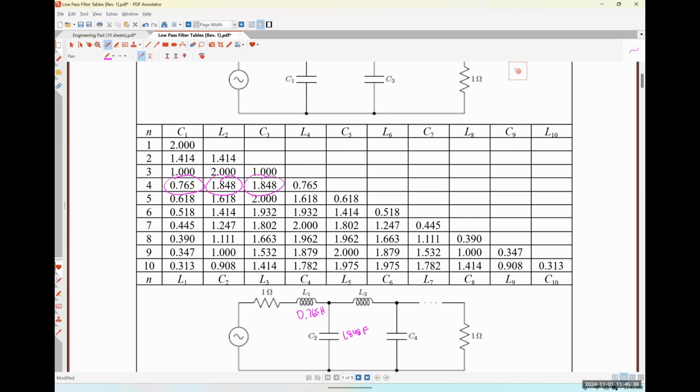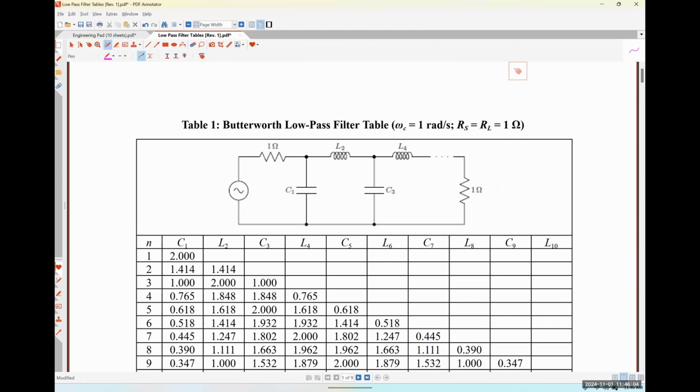Then we'd have 1.848 for this inductor, and then 0.765 farads for this capacitor. So we can use the table either looking down when we want capacitor in parallel or looking up when we want inductor in series. All of this table is purely for Butterworth filters where RS and RL are equal to each other, and then we can use the scaling relationships to change omega C and change both RS and RL.